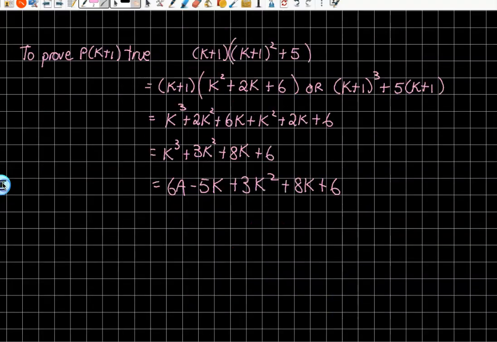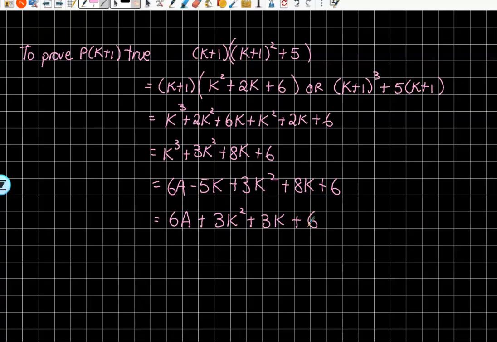Sorry, the bell's about to go, so we're going quick, but I do want to finish this. What happened last time was we had the 6A, we tidied up, we've got the 3K squared, minus 5 plus 8 is plus 3, plus 6. And we were able to then pull out the common factor.